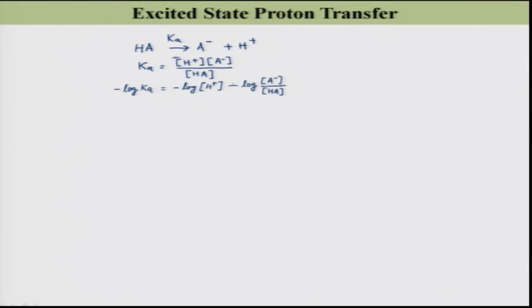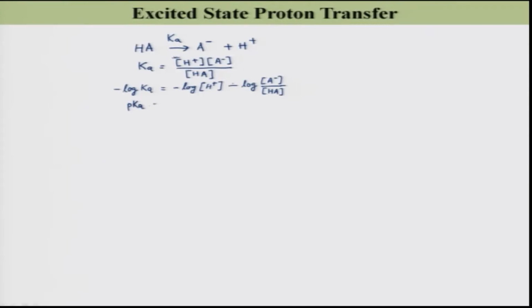So, note that this concentration of A minus and concentration of HA is at the equilibrium, this is not the original concentration. So, this is nothing but pKa equal to pH minus log concentration of A minus divided by concentration of HA.